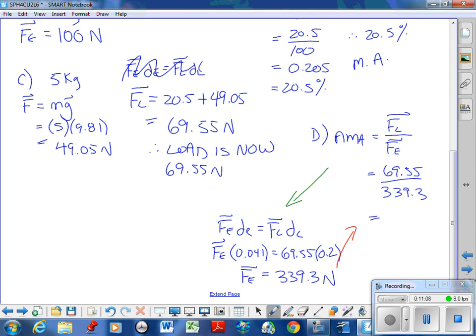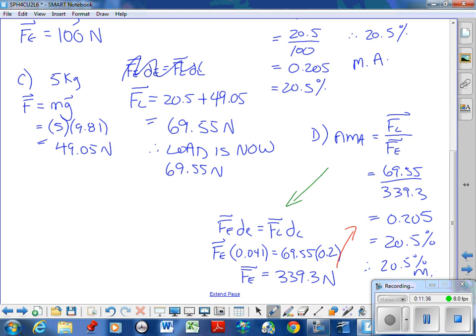So 69.55 divided by 339.3, and I get 0.205, which is 20.5%. So we can see that it hasn't changed. Your mechanical advantage remains the same because it's proportional.